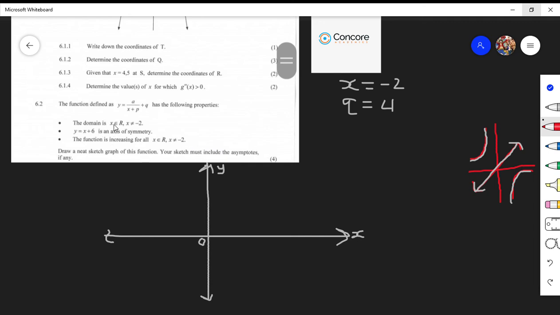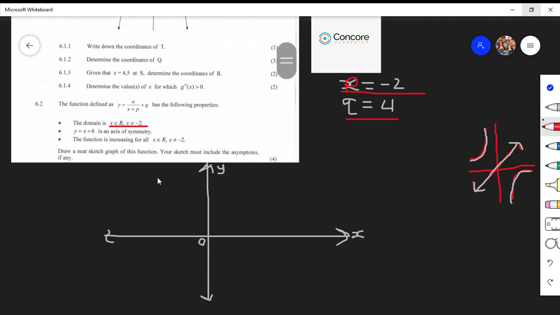So before we start, we need to first plot our asymptotes, right? So we remember our x asymptote is -2, our q asymptote is, sorry, this should be p. So our p asymptote is -2, which is the vertical asymptote.